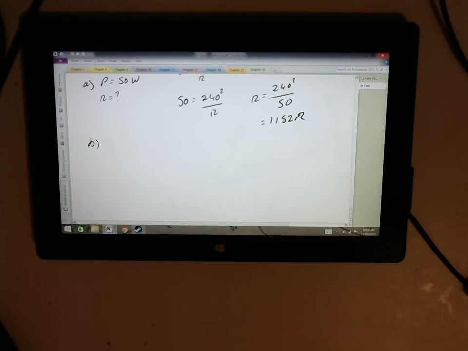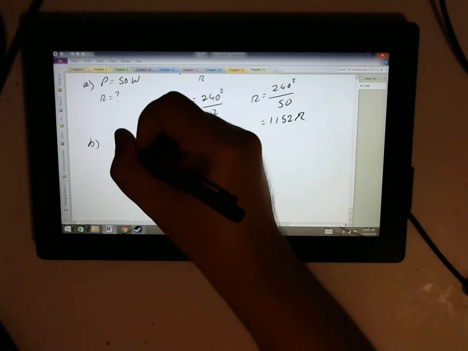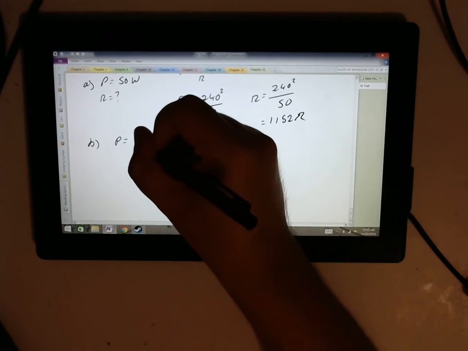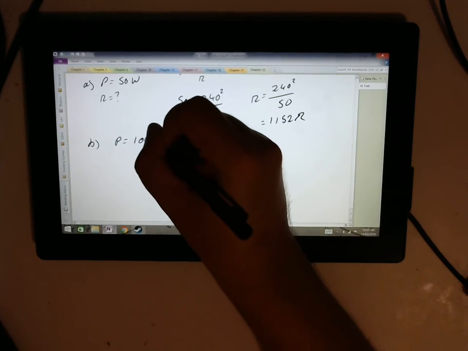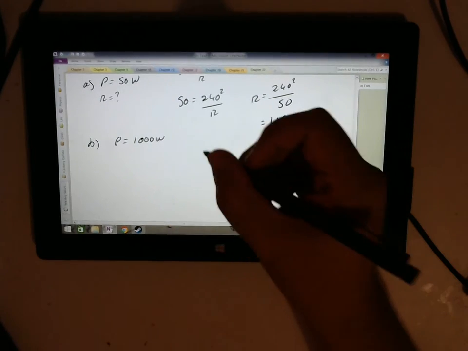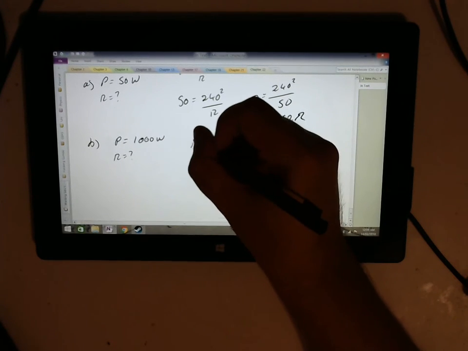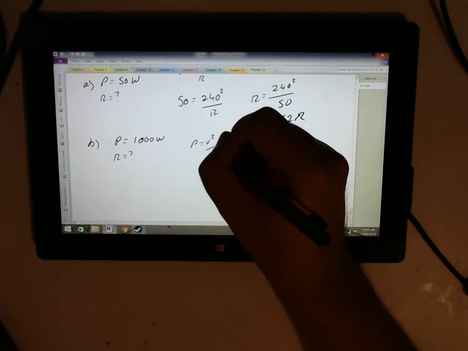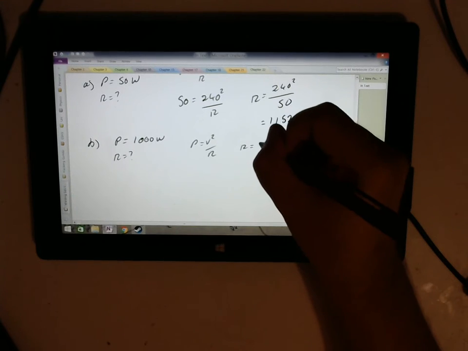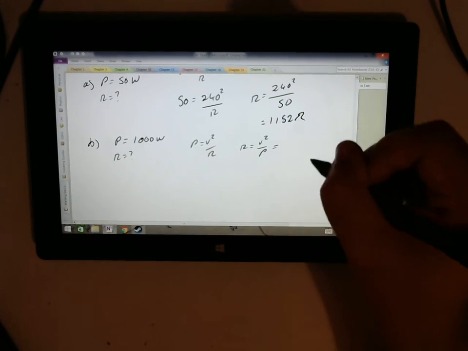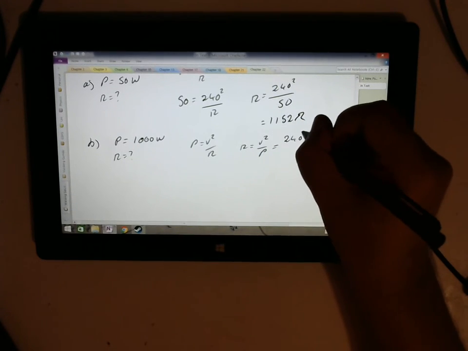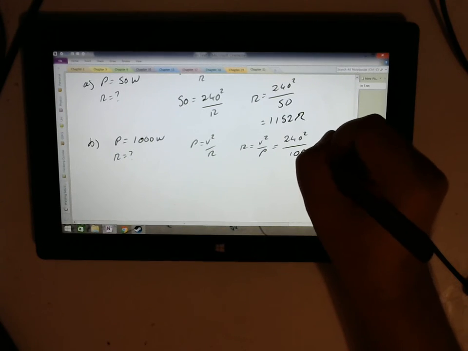A 1 kilowatt hairdryer. Again, we've still got the same voltage. This time we've got power equals 1 kilowatt, so 1,000 watts. Again, we want to work out resistance. We don't know what that is. So P equals V squared over R. R equals V squared over P equals 240 squared divided by 1,000.